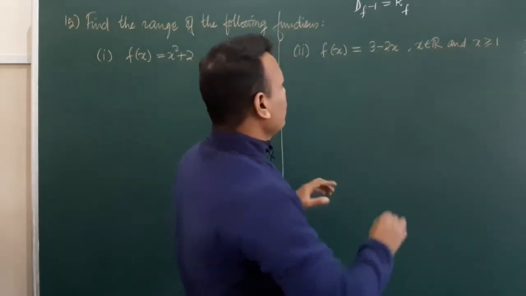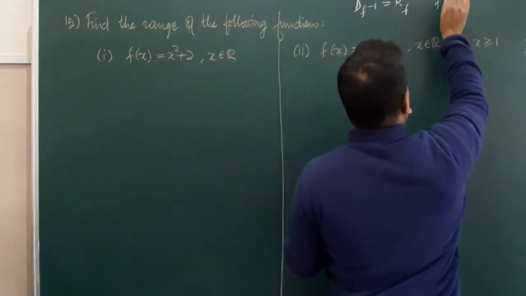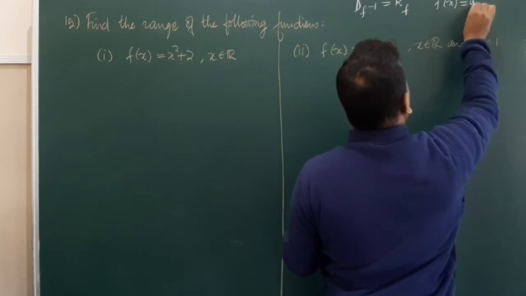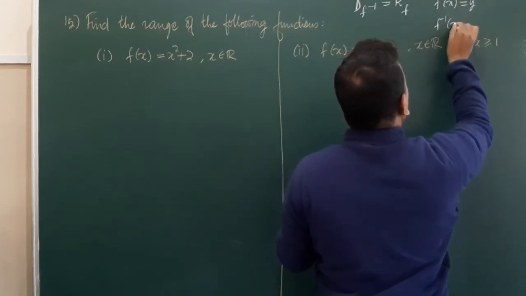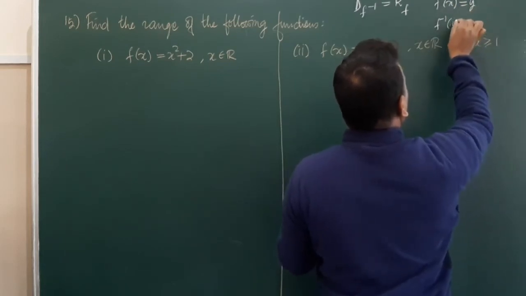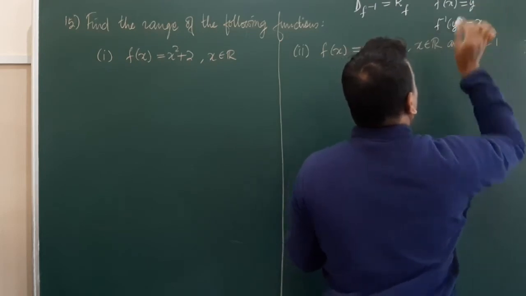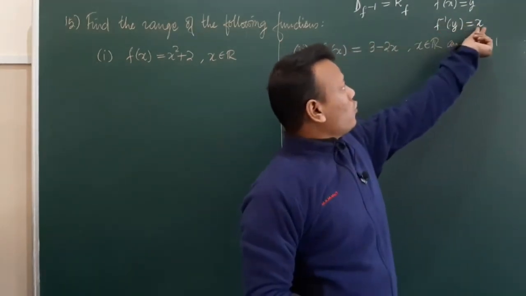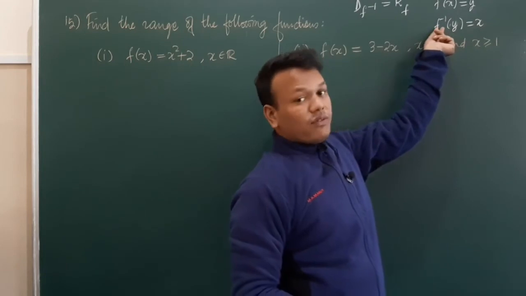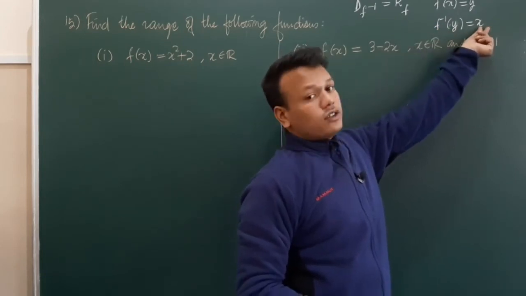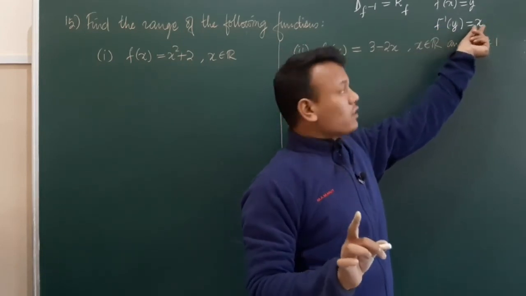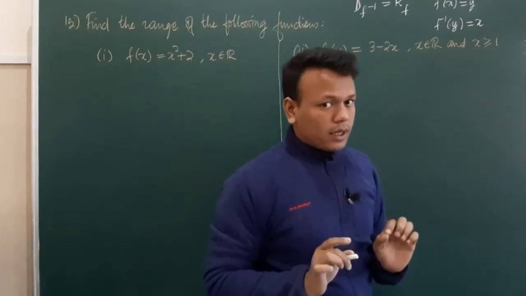We know that if f(x) = y, then f inverse(y) = x. So in order to find f inverse, you need to find what your x is. That x gives you your f inverse, remember that.